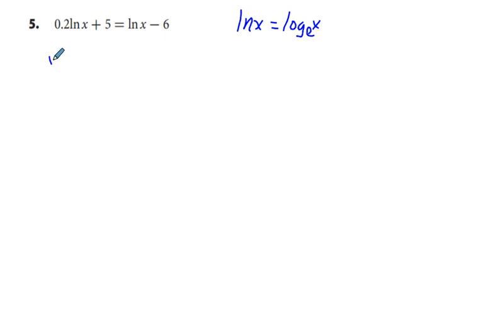So let's write our two equations. We have y1 equals 0.2 ln x plus 5, and we have y2 is equal to ln x minus 6. So let's go to our calculator again.